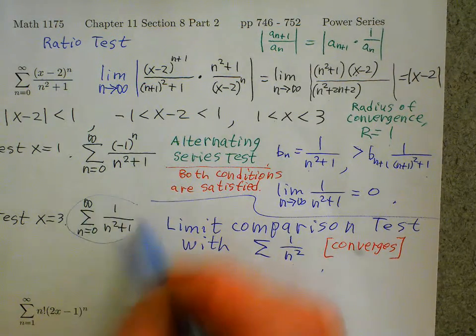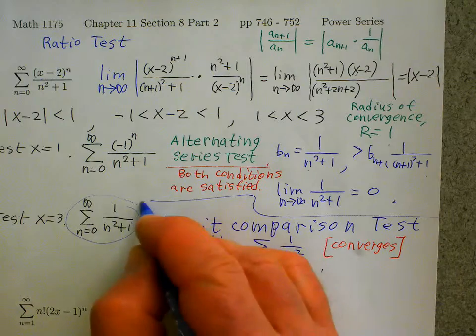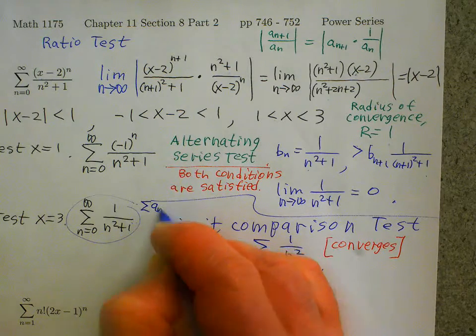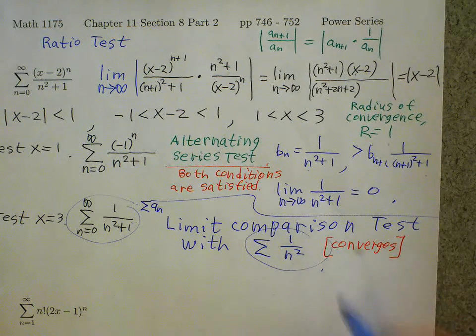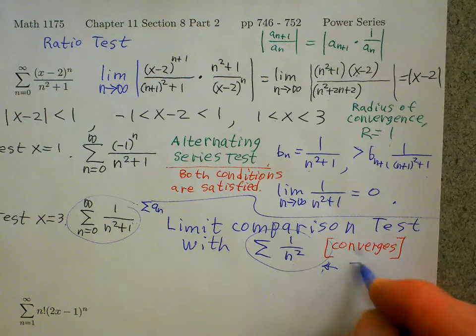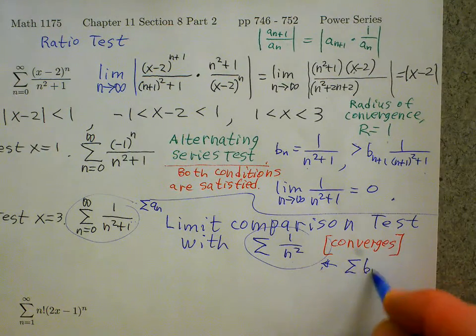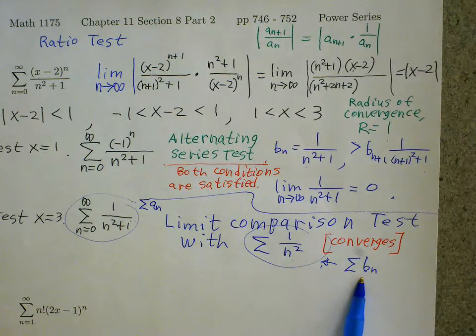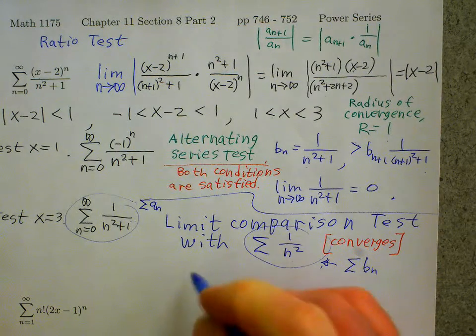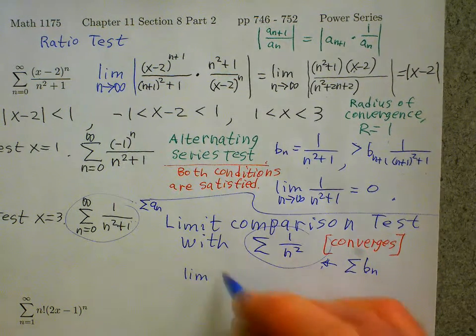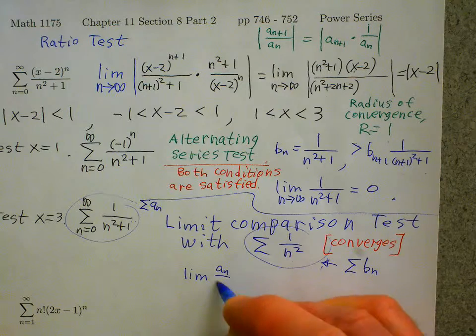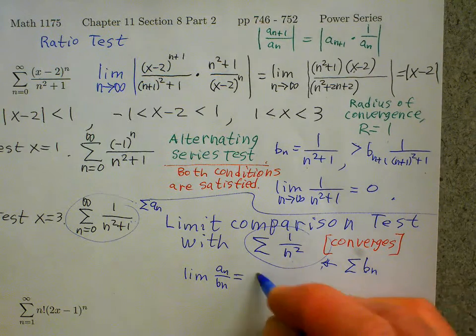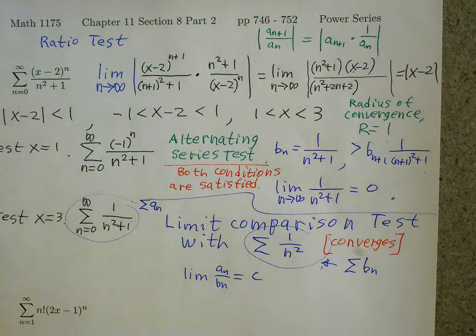Okay, so if this is my sequence of a sub n terms, and I want to compare it with this series, which is, refer to this as the limit of the b sub n terms. And if the limit of a sub n divided by b sub n is equal to a finite positive number, then both series do the same thing.